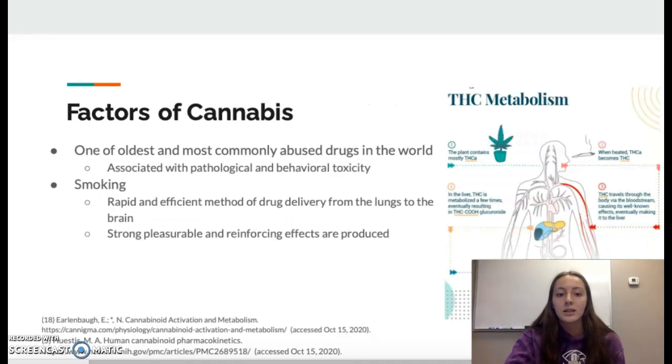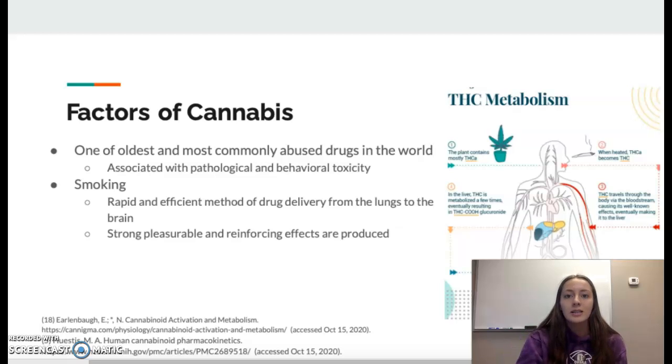So now we're getting into the factors of cannabis. Cannabis is one of the oldest and most commonly abused drugs in the world. Its use is associated with pathological and behavioral toxicity. Smoking, which is the principal route of cannabis administration, provides a rapid and efficient method of drug delivery from the lungs into the brain.